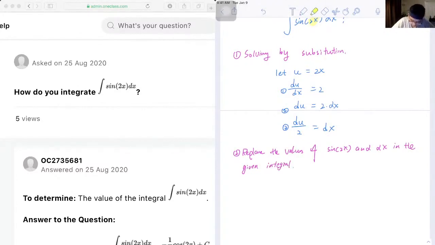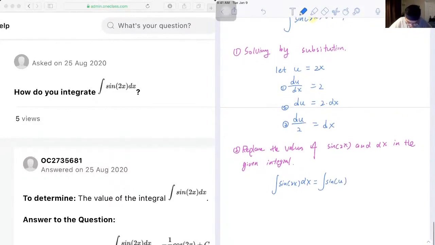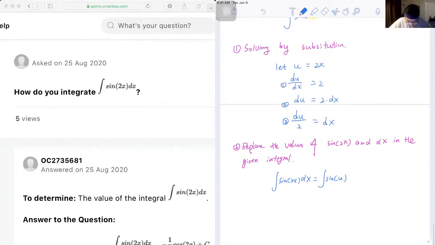So we will have the integral of sine 2x dx is equal to sine, instead of writing 2x, we write u. And we also know that dx is equal to du over 2. So that's going to be times du over 2. And the dx is from this part.